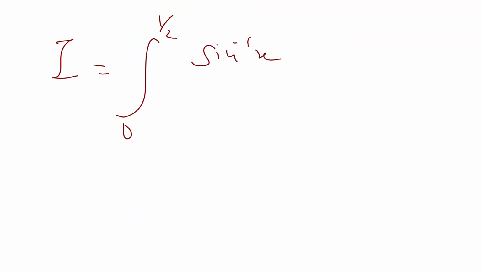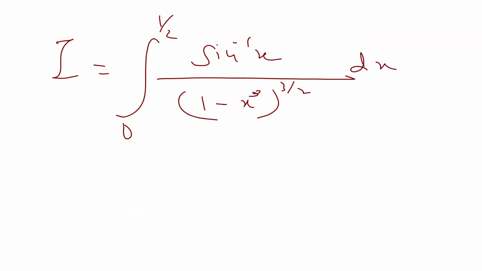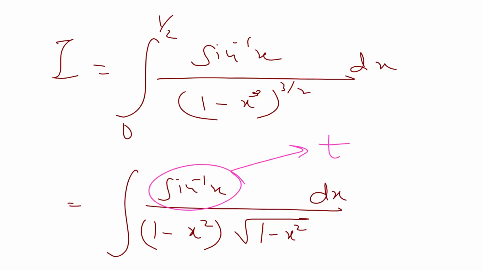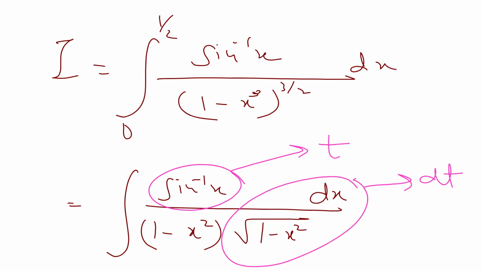Similar question, if you want to practice, it will be like this: integral from 0 to half of sine inverse x upon 1 minus x square raised to 3 by 2. The hint I would like to give here is that sine inverse x you have to take as t. So this is going to be dt after the method of substitution.